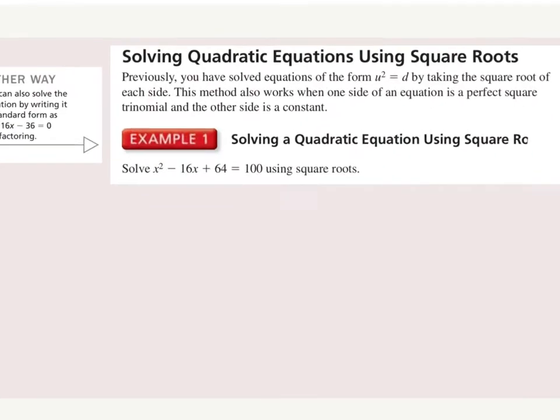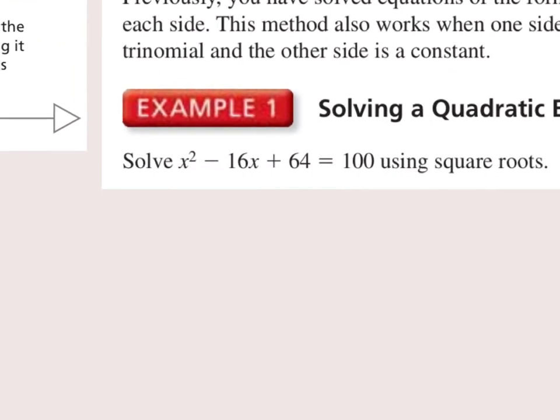So if we look at our example here, this x squared minus 16x plus 64 is a perfect square trinomial because it is x minus 8 squared FOILed out. So we see that the square root of 64 is 8, and then negative 8 minus 8 would be negative 16.